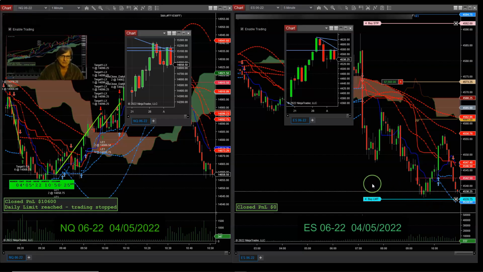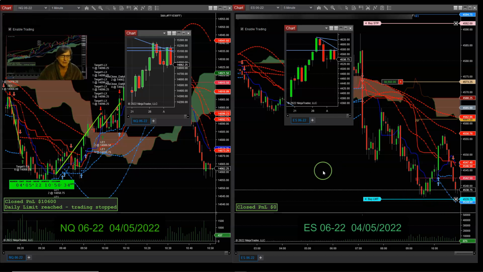But it looks like we're going to have some sort of maybe a double bottom here when it's all said and done. Probably a lower bottom on this side than this side. So just my guesses. Nobody knows, but sometimes it's just kind of fun to speculate.